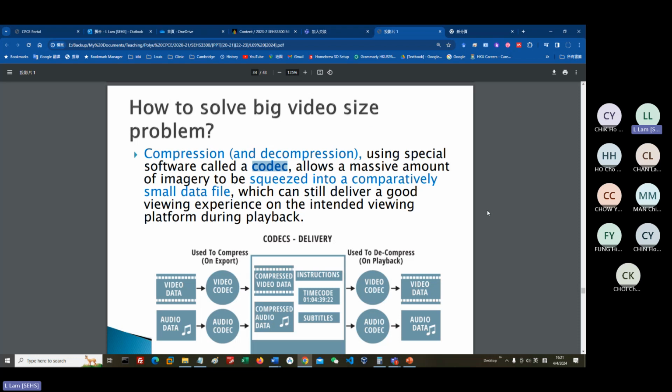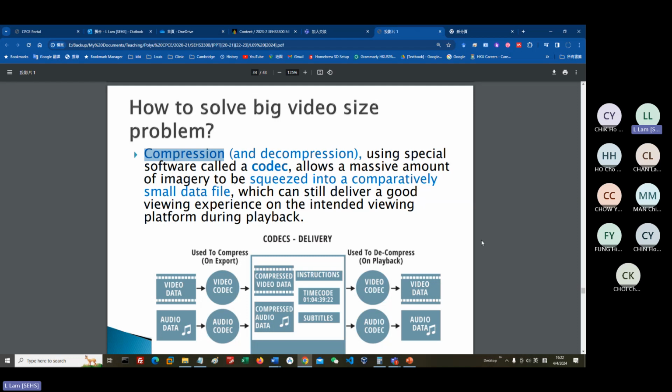And the codec is very smart software because it can analyze your video images and try to squeeze, and then the image will become smaller, and the resulting video will be smaller as well. There are quite a lot of compression technologies for video. Different technology can compress the video to different degrees.